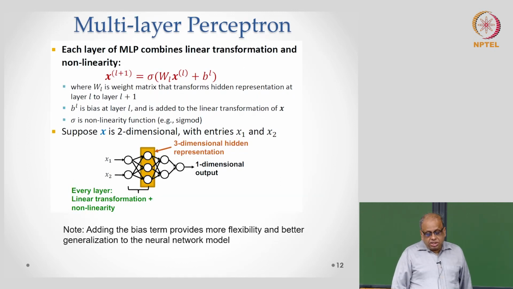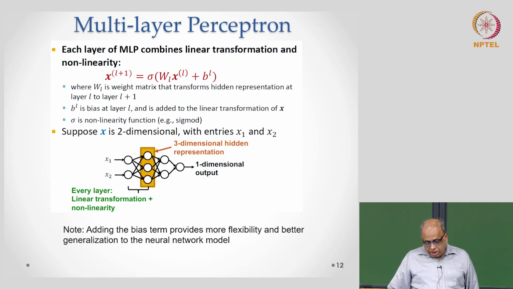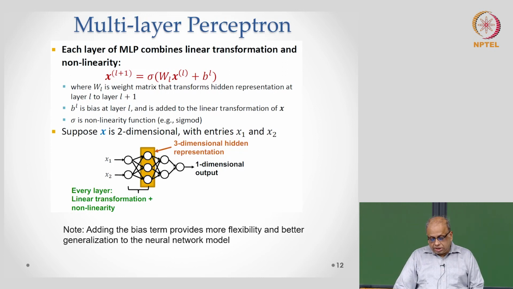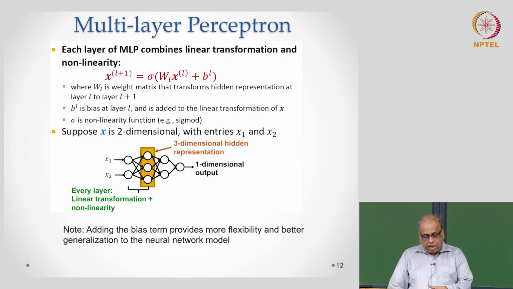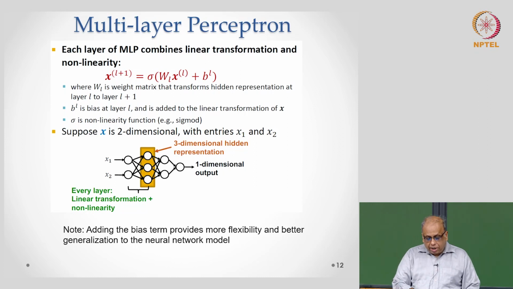So what happens is each layer of this multi-layer perceptron combines a linear transformation and a non-linearity. Given a layer, the output of the L+1 layer would be the outputs from the Lth layer multiplied by the weights in that layer. You add a bias term.